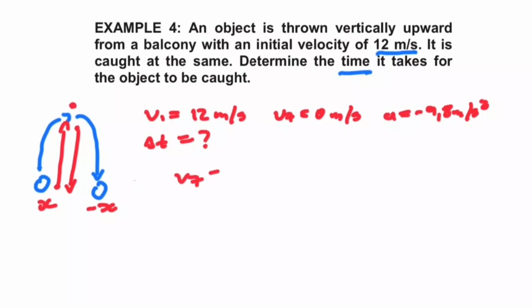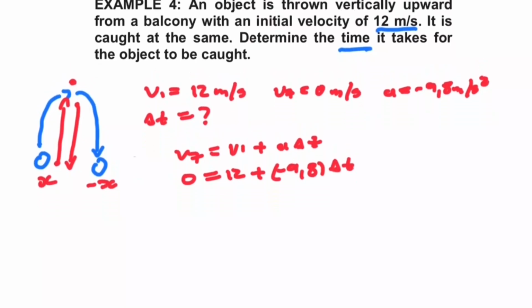So with these 4 variables, which equation can we use? Vf is equal to Vi plus a delta t. So let's take a look. Vf is 0, Vi is 12, plus the acceleration, which is minus 9.8 multiplied by delta t. If we take 12 to the left-hand side, we're going to have minus 12 being equal to minus 9.8 multiplied by the change in time.